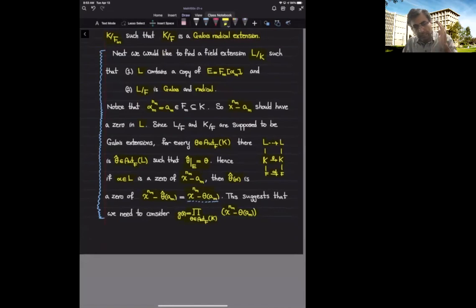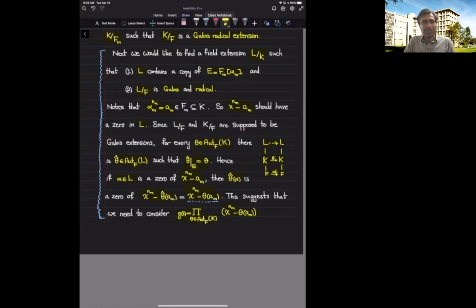So again, we started with the goal that we have in mind. We need to have a copy of E inside L. That means we need to have a zero of x to the power n. I'm going to drop the index m in all these arguments, because it makes it more understandable.